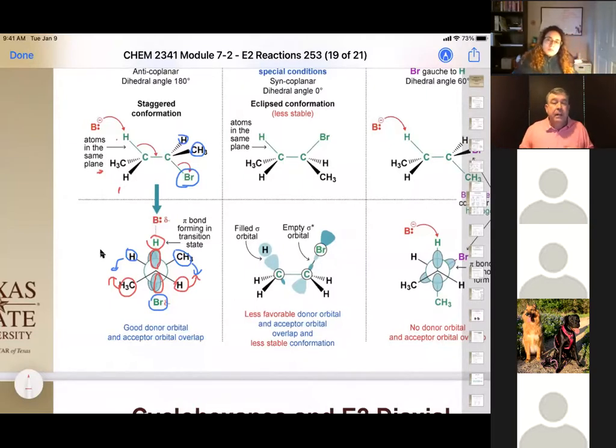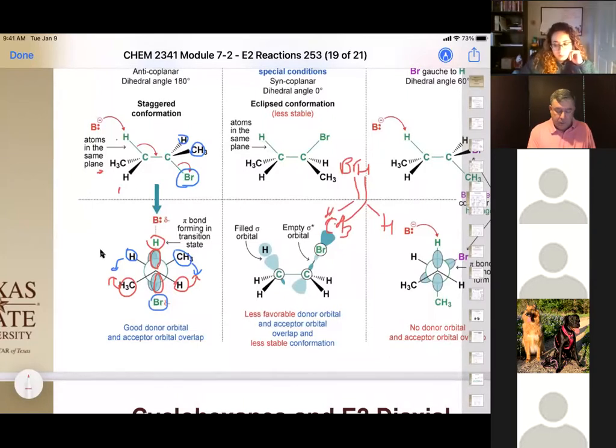But we still have free rotation around that center bond between those 2 carbons. So what if we rotated that around and made it into something that was in an eclipsed stage right here? If we looked at the Newman projection of this, we would have a hydrogen, a methyl group, and a hydrogen, and then we're going to have bromine and a hydrogen.